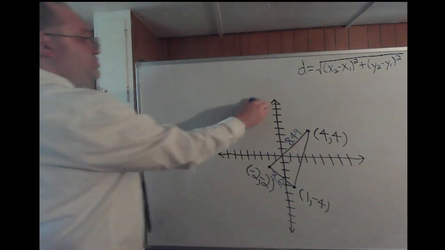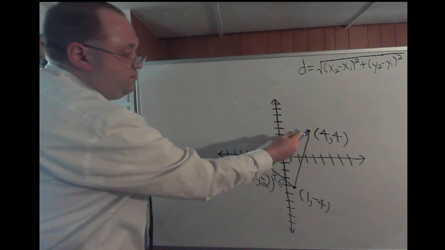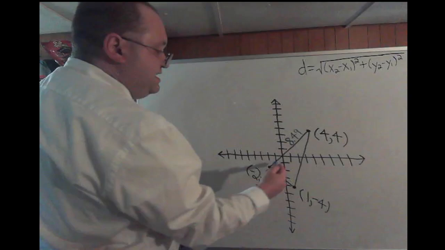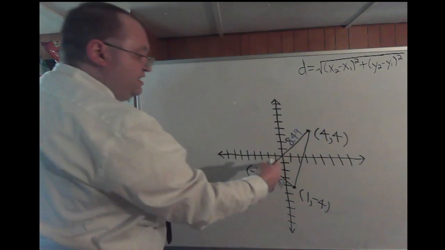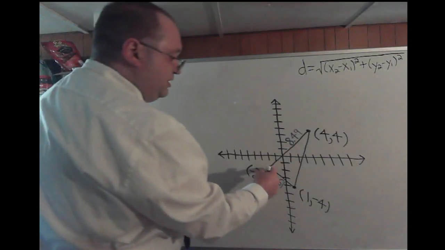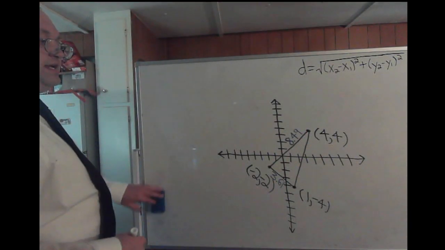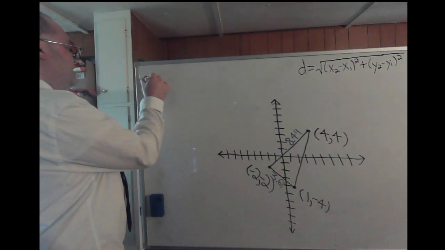So really all you're doing is using the distance formula to find the length of your sides here, formed between these 2 points. Because you can use a line segment to connect the 2 dots, which then you can find the length of that line segment by using the distance formula between the 2 points. That's all we're doing. It's quite a bit of work, but it's not hard to understand.